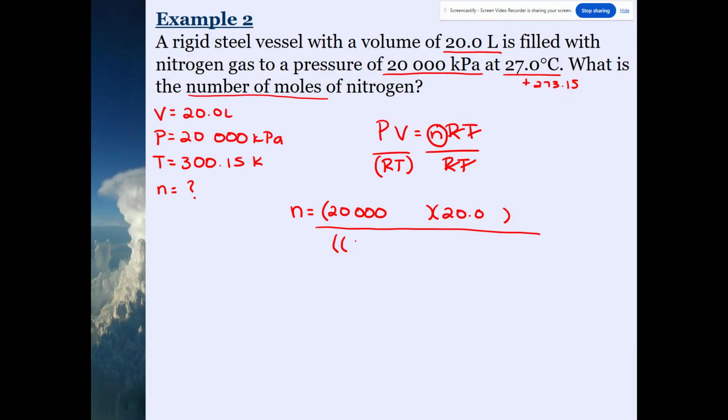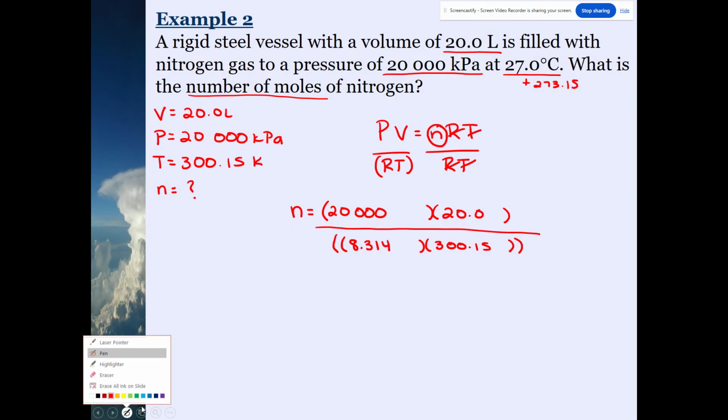So our R is 8.314, and I'll put its units there, times temperature, 300.15, and I'll put its units there. Okay, then I need to close that overall bracket on the bottom. So I have 20,000 kilopascals, 20 liters, 8.314 kilopascal liters over mole Kelvin, and this is Kelvin.